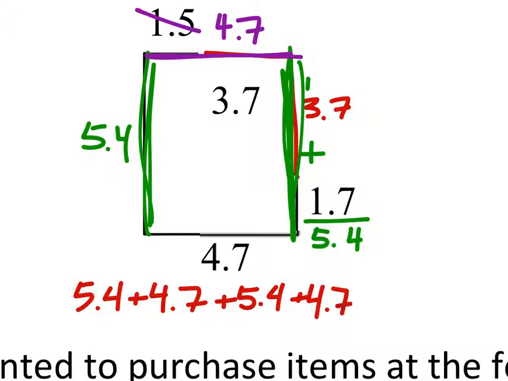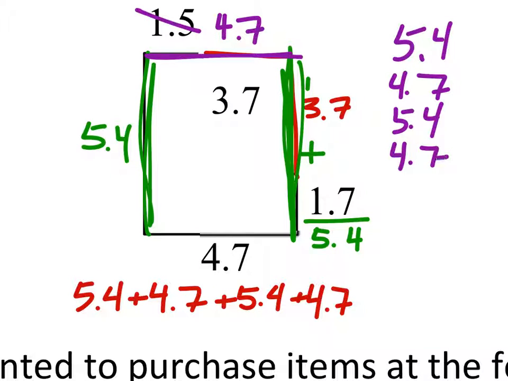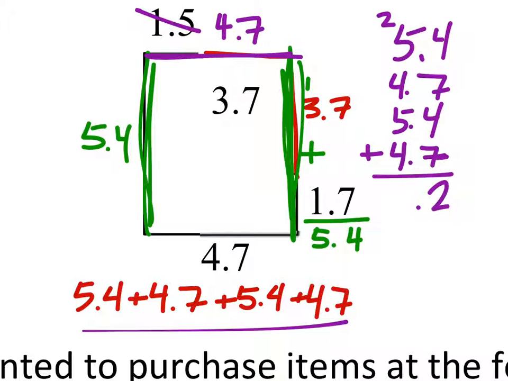I did that because I was thinking I was going to use a calculator, but I don't have one. So I'm going to have to add these vertically. 5.4 plus 4.7 plus 5.4 plus 4.7. Not that you'd have to show this, because this would be enough work on a test. 4 plus 7 plus 4 plus 7 is 22, so we'll carry the 2. 18, 20. 20.2.